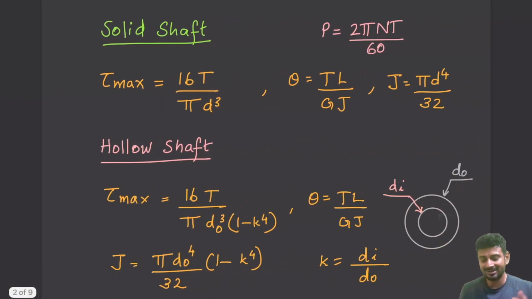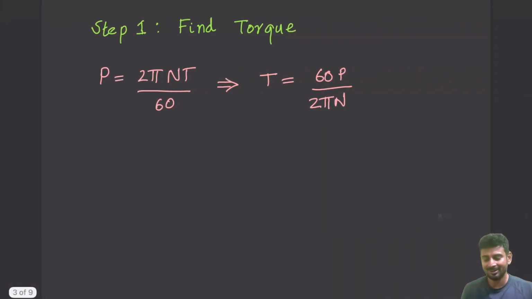Now let's start doing the problem. Here in this sheet, I have given all the equations for calculations for future reference. Okay, let's start the first step. The first step is to find the torque. We know the equation for calculating the power is P equal to 2 pi NT by 60.